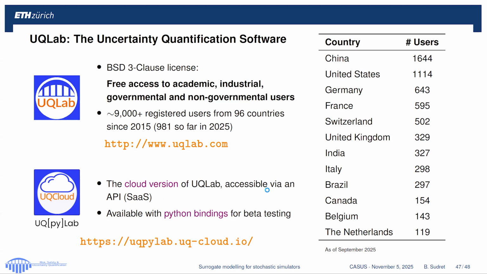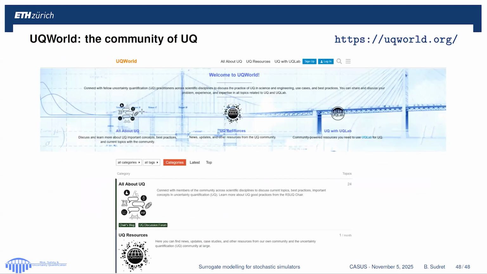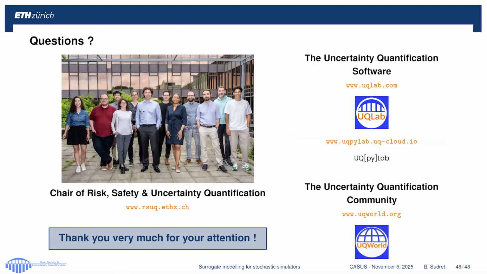It's in MATLAB, but there is a Python version. And now it's been there for 12 years or so. We have close to 10,000 users worldwide. So it's, let's say, a quite mature toolbox for UQ. And this is Damar's work, UQ World. That has not changed. So this has been enriched by many contributions of many people, but you see the layout is your layout. And with this, I thank you very much for your attention.